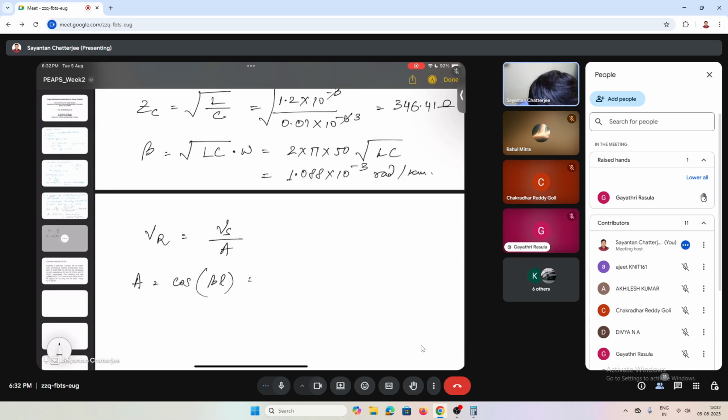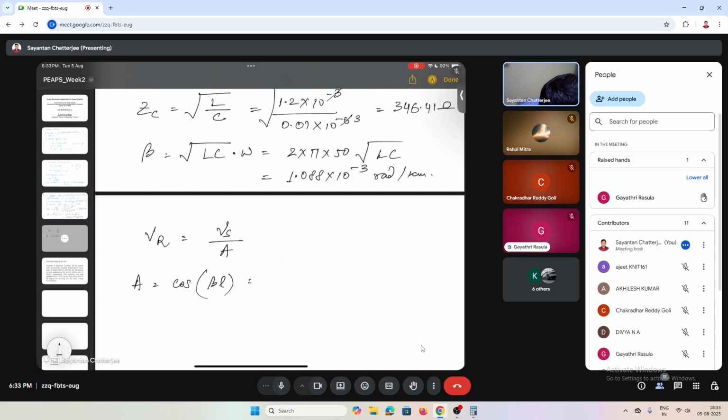So if we put the value, the value of A is cos beta L, right? So beta is 0.001088 into 400.